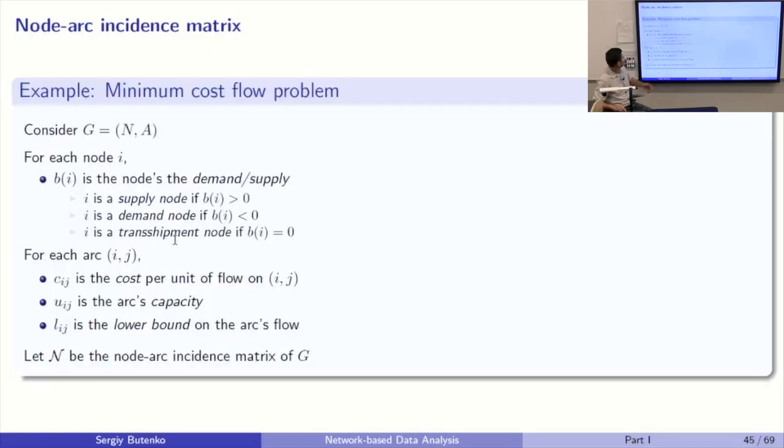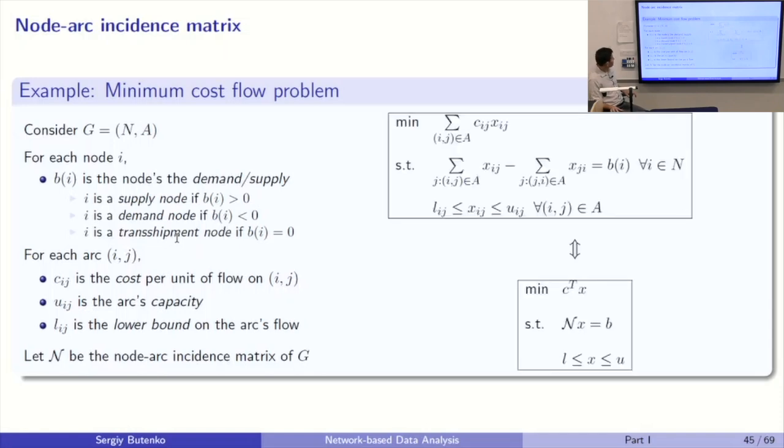For example, this data structure that we are using here, the node arc incidence matrix, is convenient to model the minimum cost flow problem. So in the minimum cost flow problem, you essentially have a directed network. For every node, you have a node's demand or supply. So essentially, you need to move the goods around the network, right?